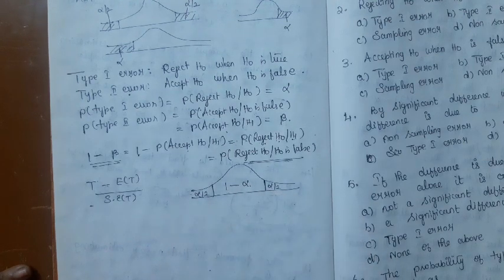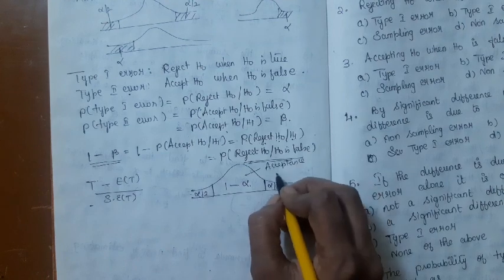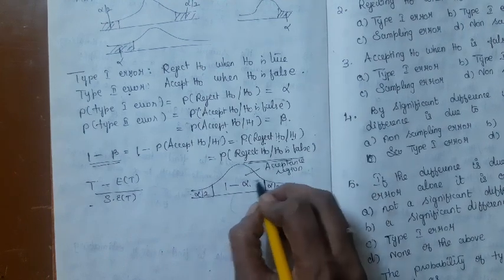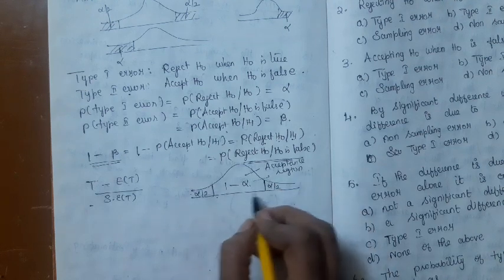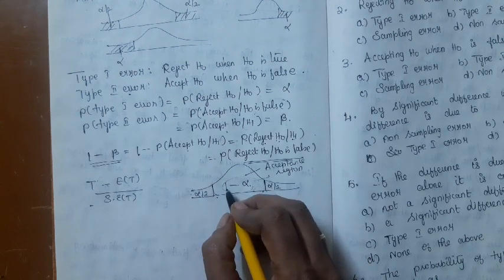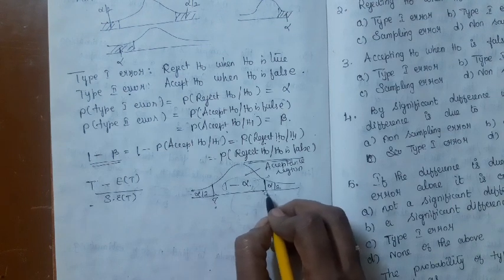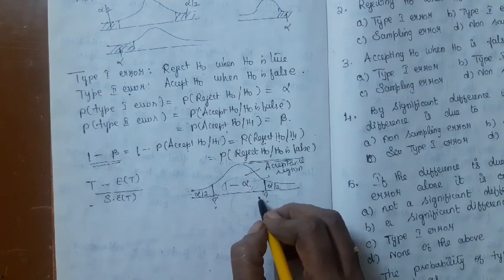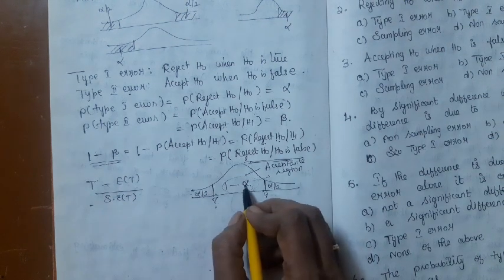The remaining area is 1 minus alpha, which is called the acceptance region. In a confidence interval, you call this region the confidence region. Between these two ordinates, there is 1 minus alpha probability that the parameter will lie.